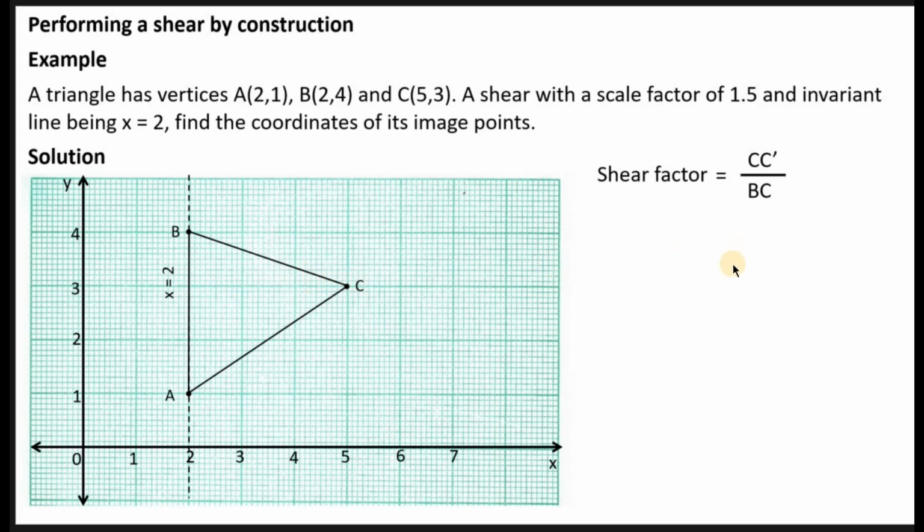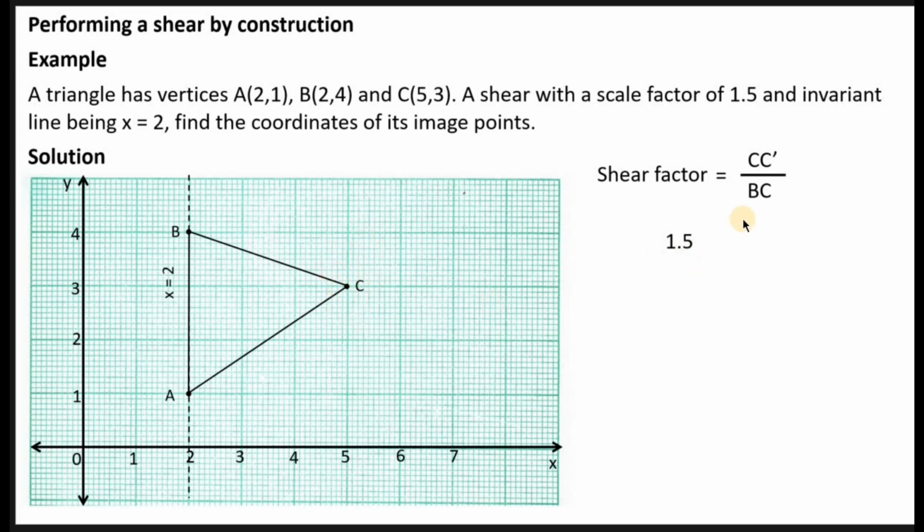All right. So the shear factor has already been given. In this case we were provided the shear factor as 1.5. Now, what we are looking for are the image points. So we'll look for the image point where this one is going to go to.